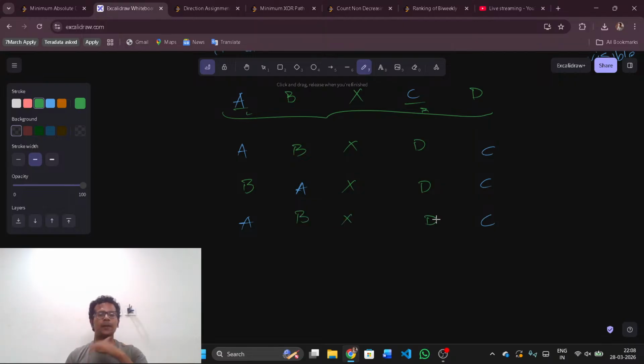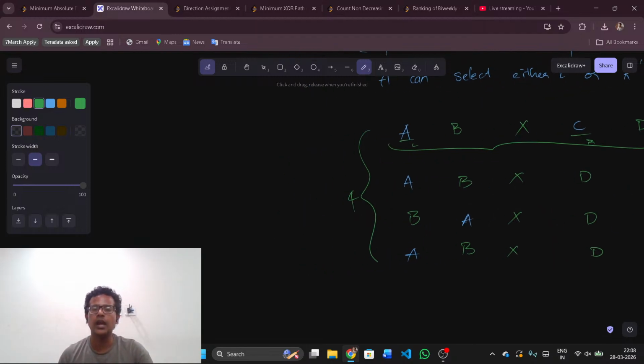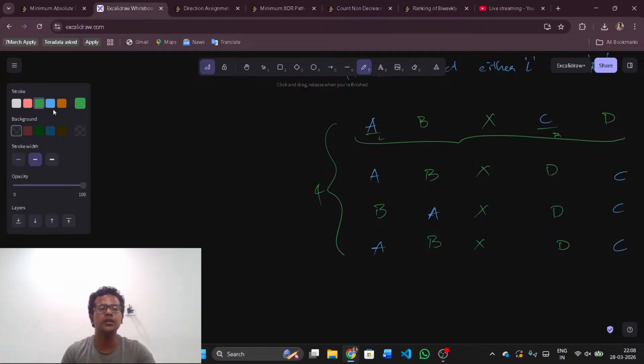Now there is another way. How many did I get here? 1 into 2, 2 into 2, just 4. 4, right? I'll tell you another way we can place it. So instead of placing A, I can place C here and A here, right? That's also possible.